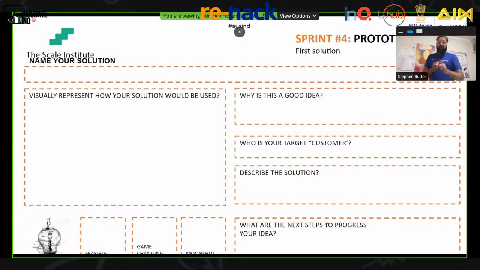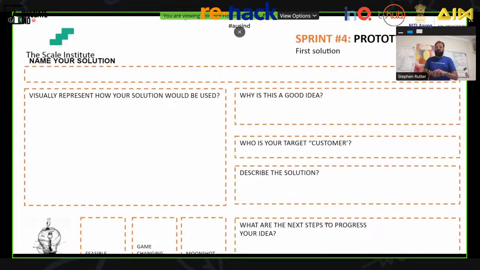You want to describe the solution, what it does. You need to also tell us about your next steps to progress your idea. What do you need? Do you need time? Do you need resources? Do you need money? Do you need mentors? Do you need connections? We really want you to ask, okay?